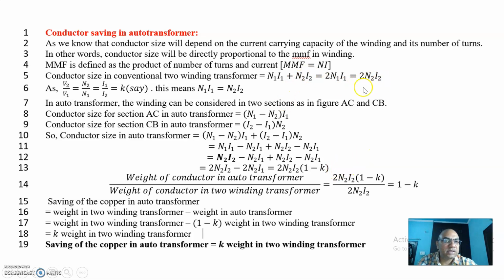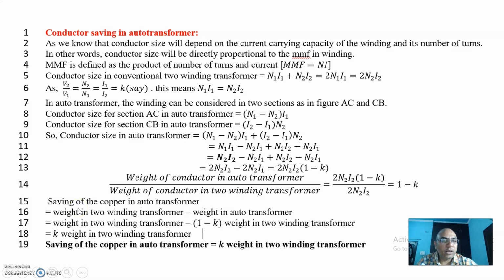This is the conductor size in the two winding transformer. When you divide these two expressions, the weight of conductor in the autotransformer divided by the weight of conductor in the two winding transformer comes out to be 1 minus K. And hence from this expression you can calculate how much copper we are saving in the autotransformer.